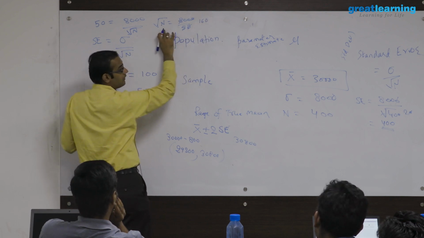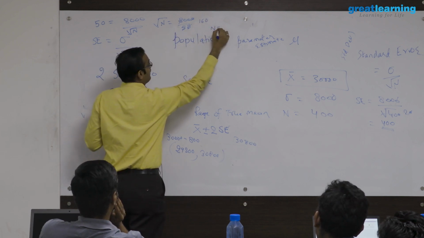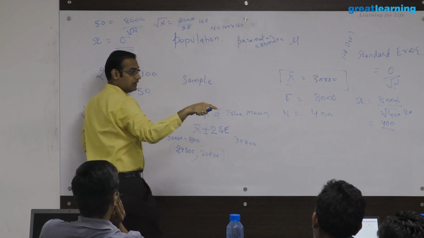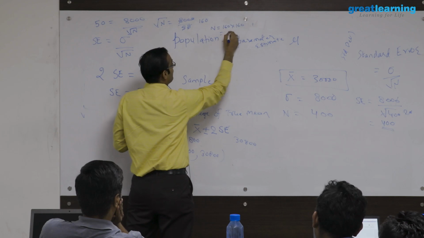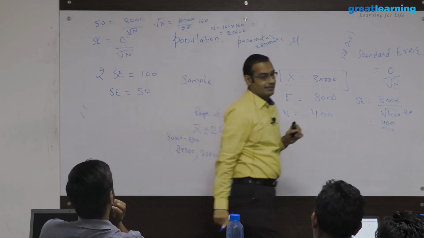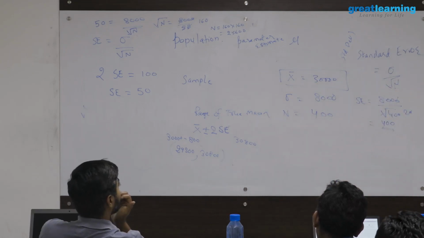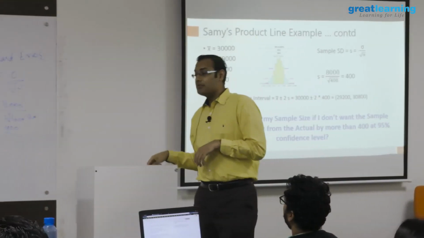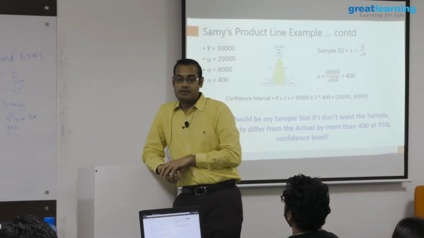But this is root n, so I want n. The n is the number of observations, right? 160 squared is 25,600. I need these many observations in my survey.